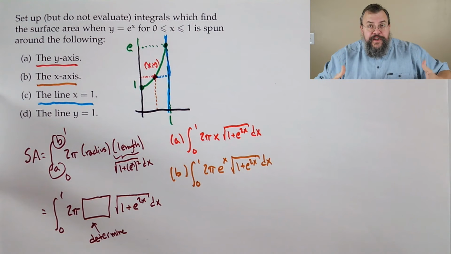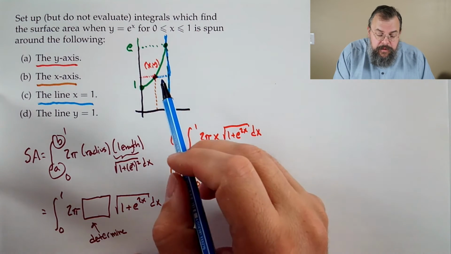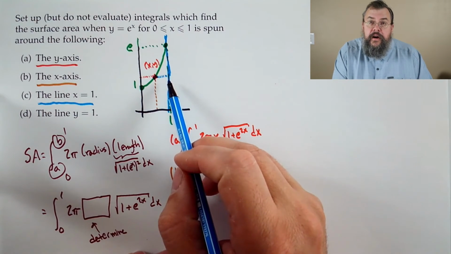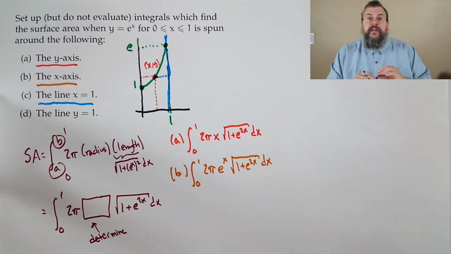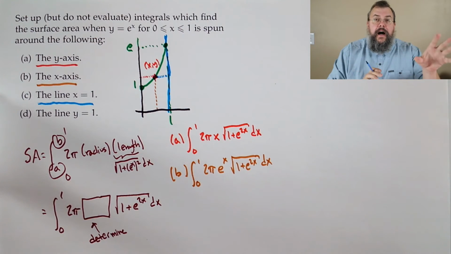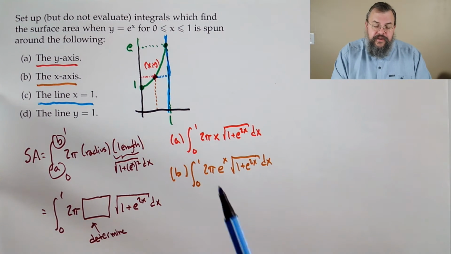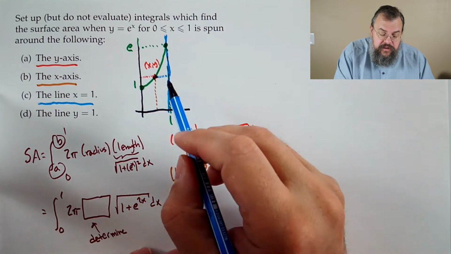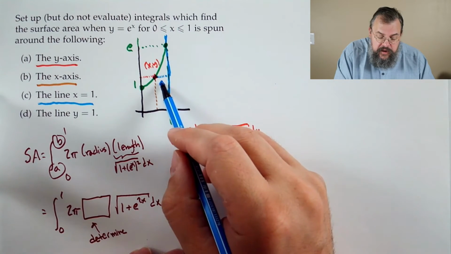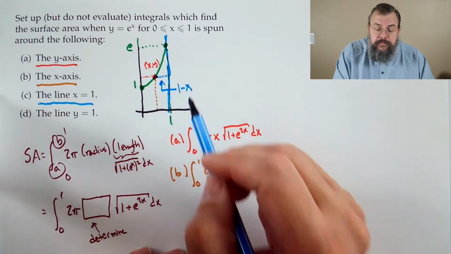A surface area should be a positive number. So in our case, 1 is the larger value, so we take the right minus the left, high minus the low. So high minus low means that this length is 1 minus x.